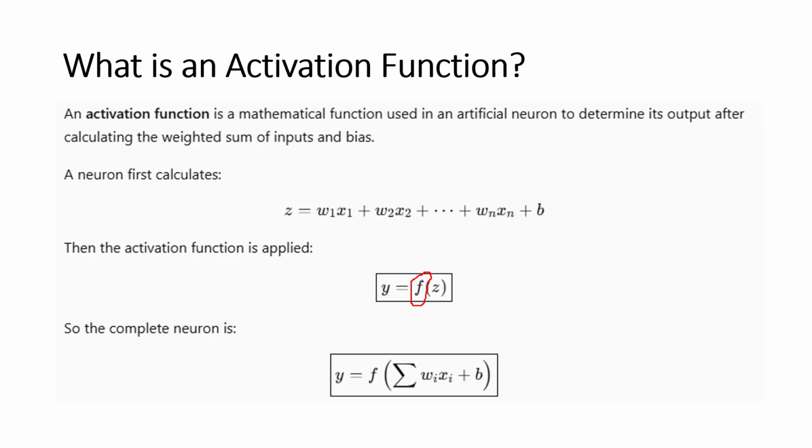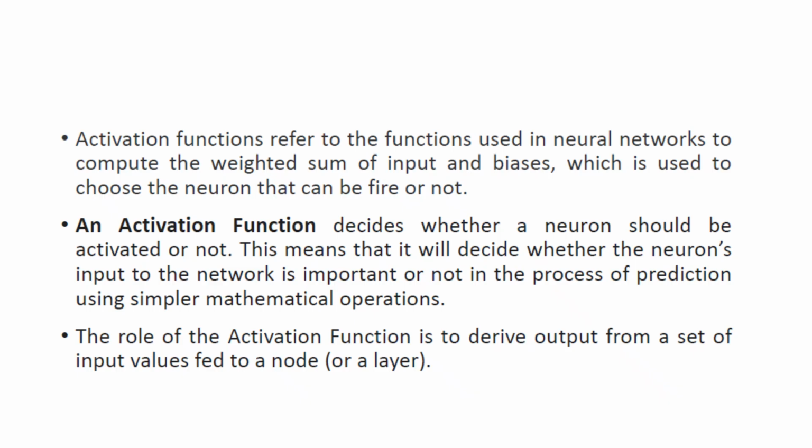We apply it on the weighted sum, and we get an output from this. It decides whether a neuron should be fired or not, or whether the value should be 1 or 0, so it decides whether a neuron should be activated or not.